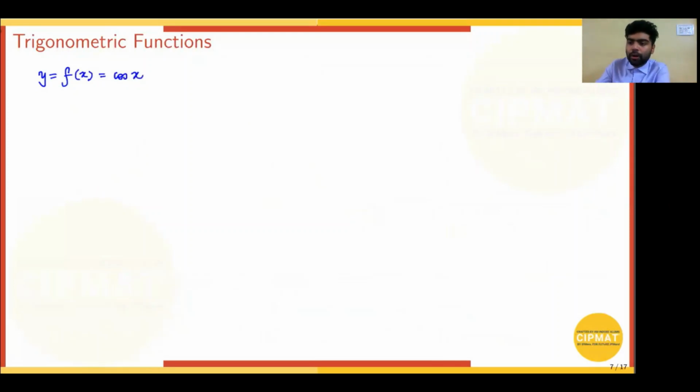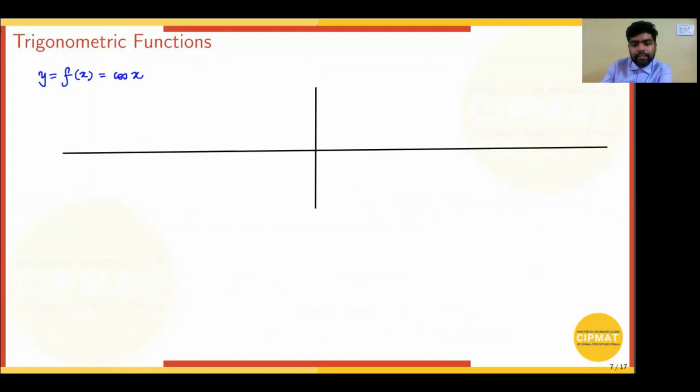Again, to draw the graph, I will take the y-axis and the x-axis in this way, and of course the axes are to be mentioned in this way. And this is the origin. Now how does the graph of cos x look? The graph of cos x basically looks something like this. This is how it looks over here.